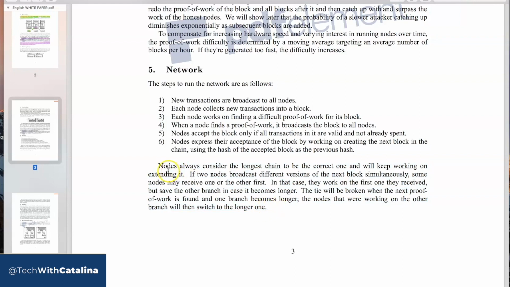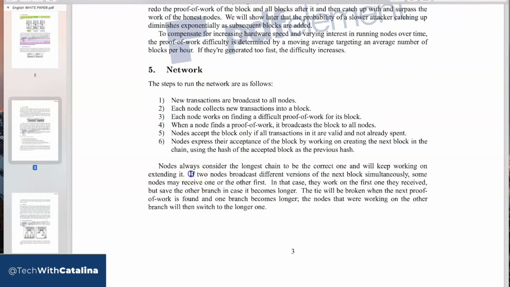So nodes always consider the longest chain to be the correct one and will keep working on extending it. As we said before, I didn't have the time or context to explain what this really means. So whenever you hear people telling you the longest chain wins, it means that the chain with the most hashing power wins, and not the one with the most blocks. It's all about hashing power here.